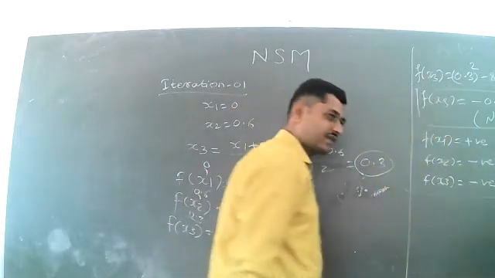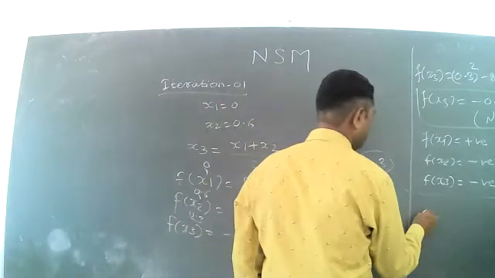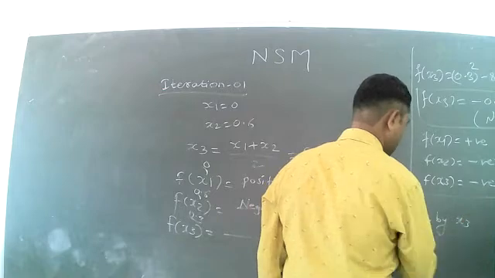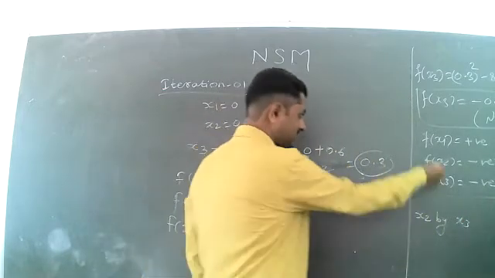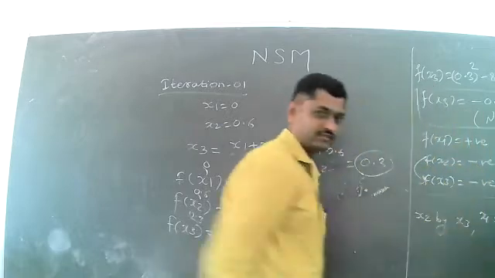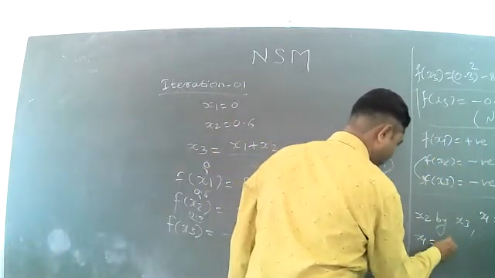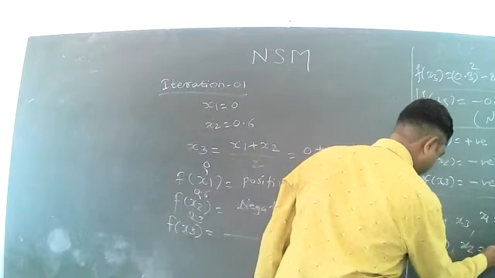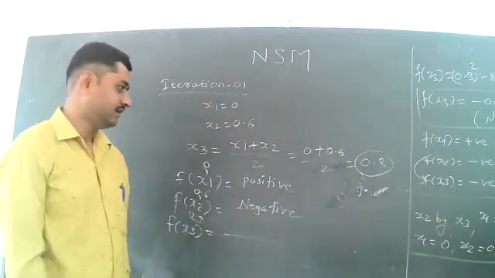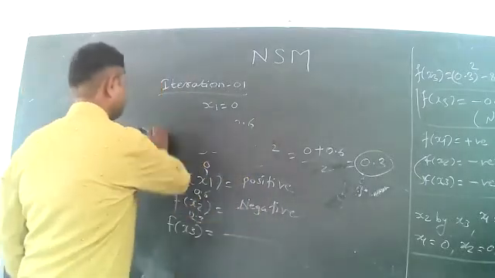If the signs of f of x2 and f of x3 are the same, then we replace x2 by x3 and keep x1 as it is. In this case, x1 is 0 and x2 is 0.3.